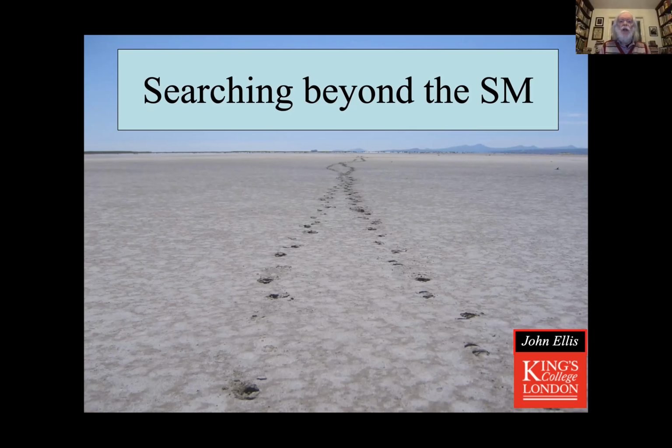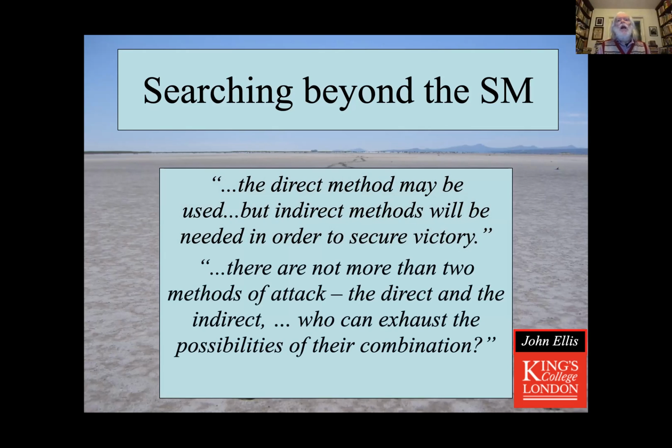So my title is Searching Beyond the Standard Model. Of course, Jose has just been talking to you about an area of particle physics where we've already seen beyond the standard model, but I'm going to be looking for possible other signatures of new physics. And the motto of this talk is given here.